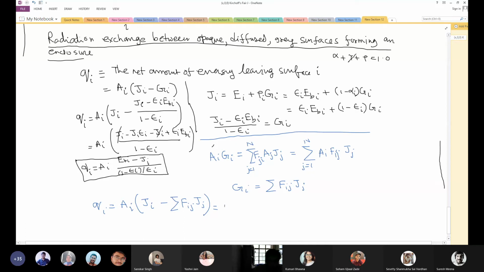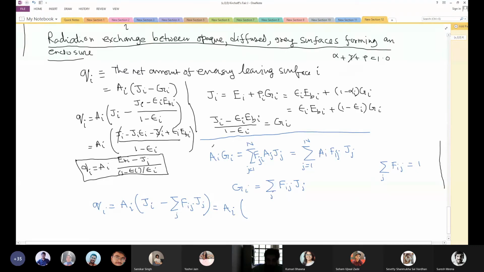So we'll play a little bit of a trick here to make it slightly simpler. We use the summation rule. The summation rule says that summation of Fij summed over j equals 1.